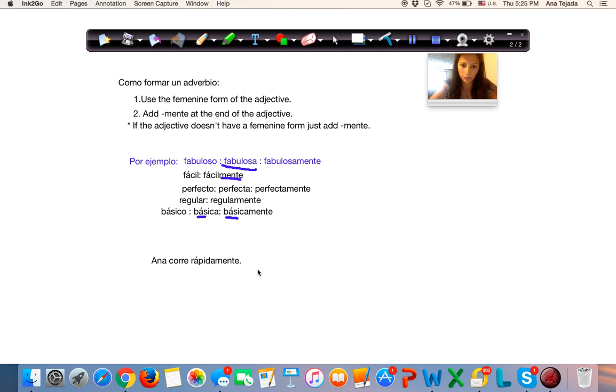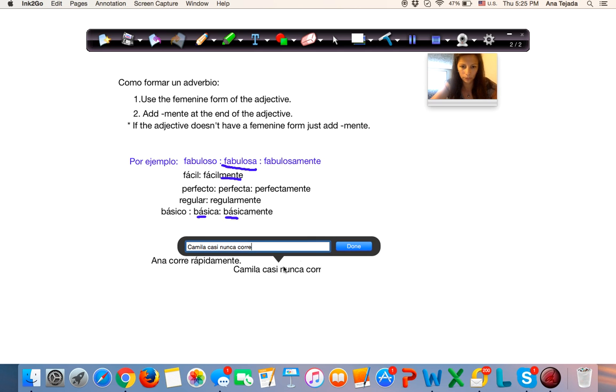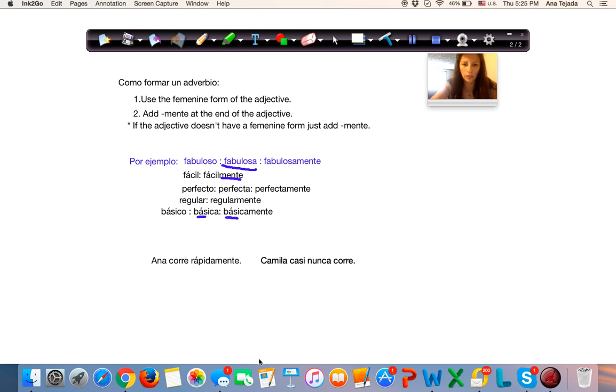She's really fast. Okay. However, there are times when the adverbs can go in front, and it's when they're modifying another adjective or another adverb. Por ejemplo, Camila casi nunca corre.